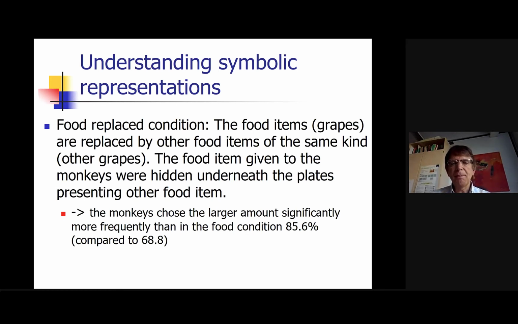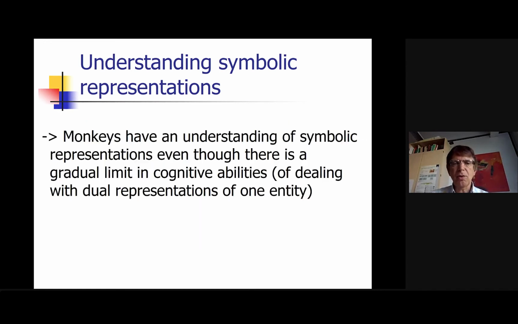They choose the larger amount significantly more frequently than in the standard food condition. Now in this food replaced condition, again over 85%, they took the larger amount compared to the standard condition of 68%. So it seems that they understand that some grapes that look the same are representing other grapes that they get when they make their choice.